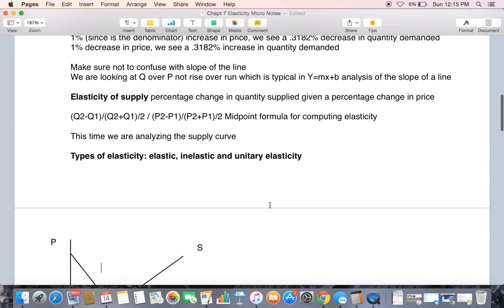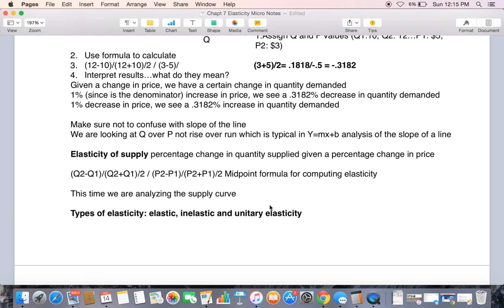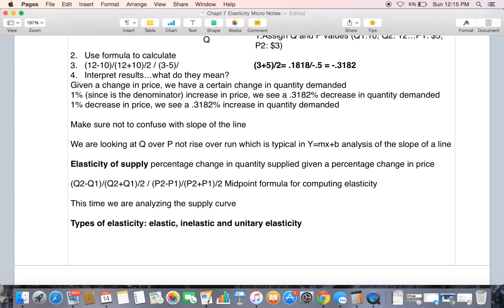And so something to think about that you might become confused about, and I actually teach this in my other classes, is to make sure not to confuse elasticity with the slope of a line. So traditionally, when we do algebra, we look at the rise over the run.